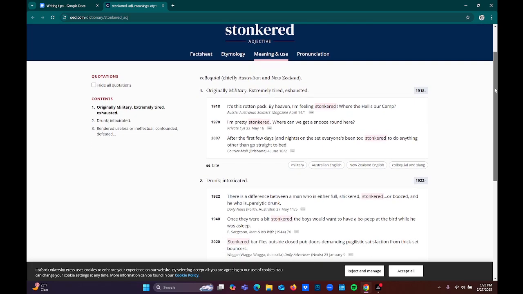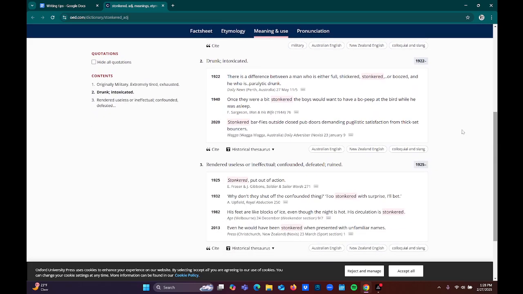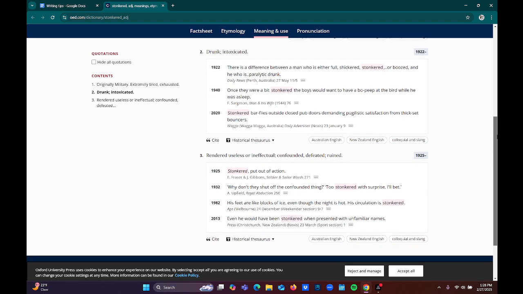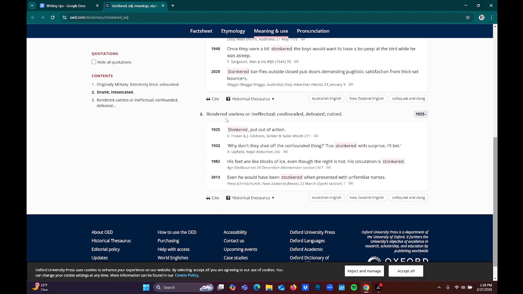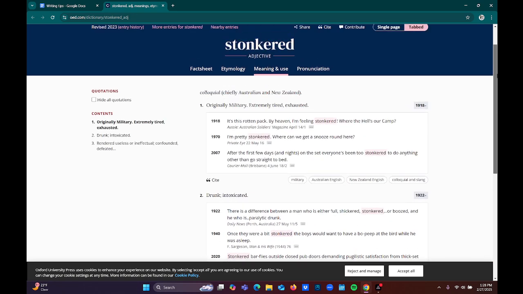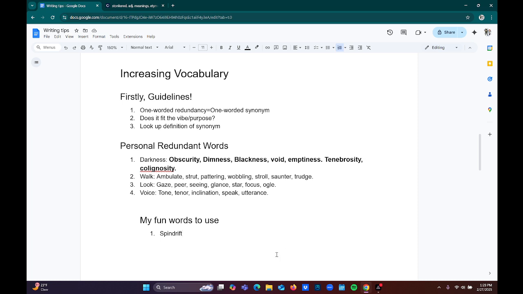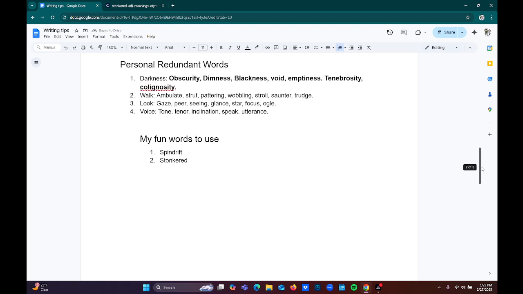So that's the military, and then it's showing examples of the other definition that I'm not going to mention, or the third. So, that might be a good word, because I have another situation where I can use that. So that's one way you can increase your vocabulary.